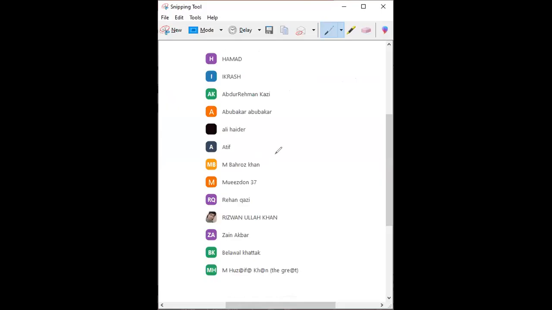Hamad is there, Ikrash is there, Abdul Rahman is there, Abu Bakr, Ali Haider, Atif, Behroz, Moizuddin, Rehan, Rizwan, Zain Akbar, Bilawal, and Muhammad Huzaifa. All are there. Yes. Okay.